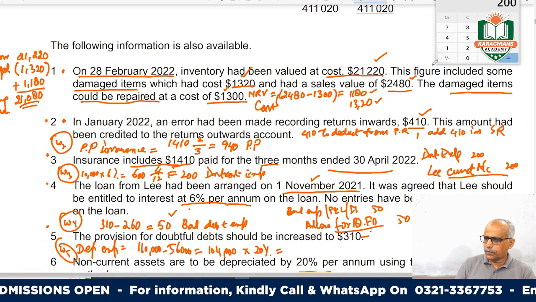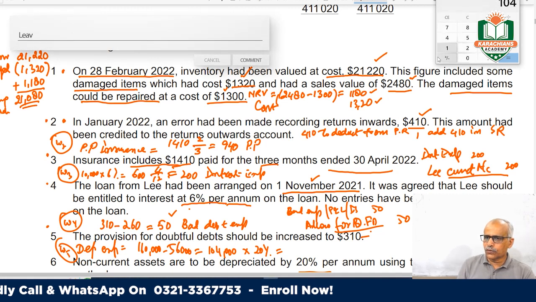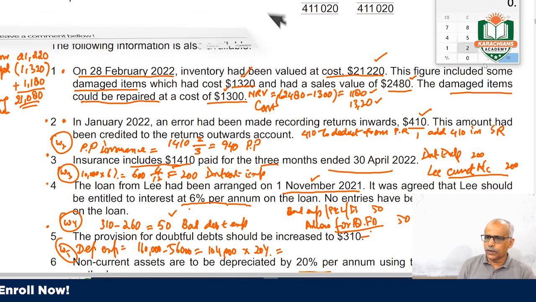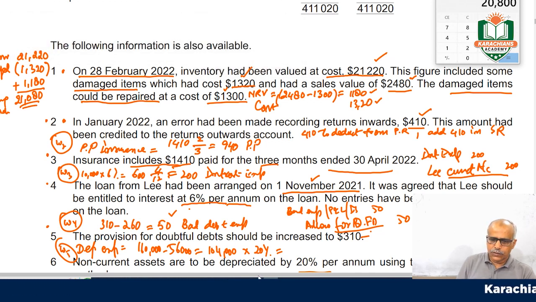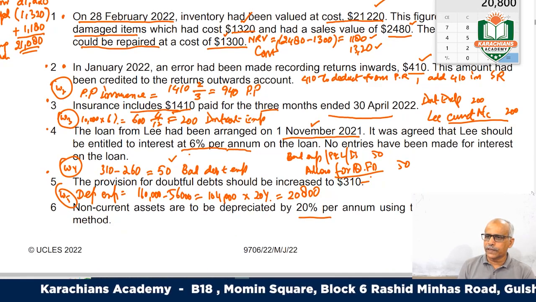So 104,000 into 0.2 is 20,800. So we are done with all our workings, right?